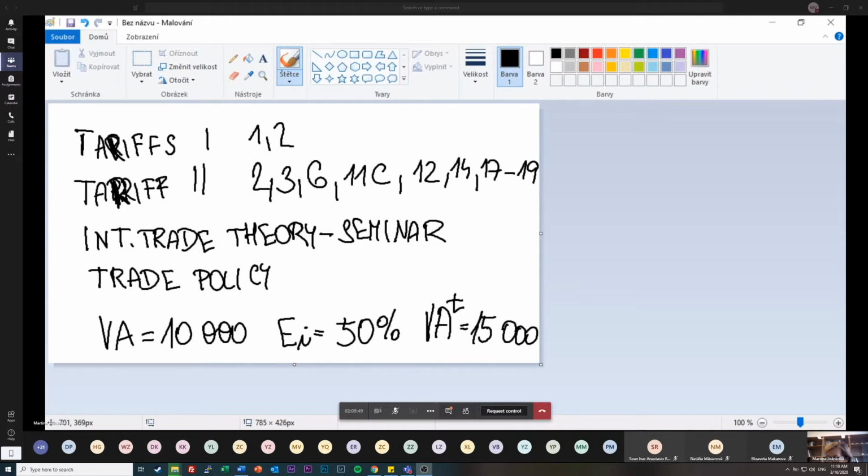I don't understand what 11C is. 11C, okay, I will have a look. Because in Tariff 2, it's only just 11. The government levied a quota of 100 pieces on imports of some product. There will be no effect if the quota is 100 and the demand in a liberalized market was 50 products.